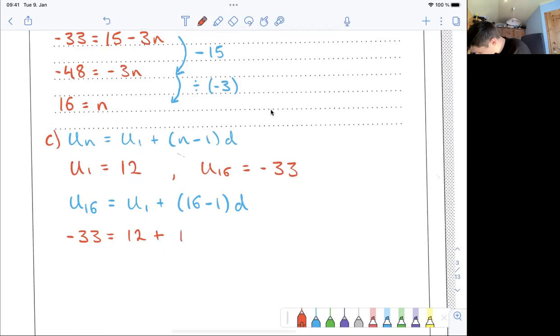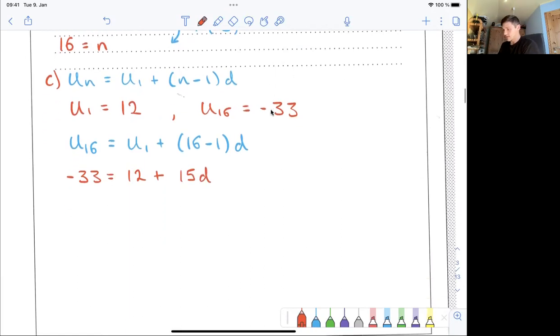So 15d. All right. And so from here, my first step will be to subtract 12 from both sides. So negative 33 subtract 12 is going to give me negative 45. So negative 45 is equal to 15d.